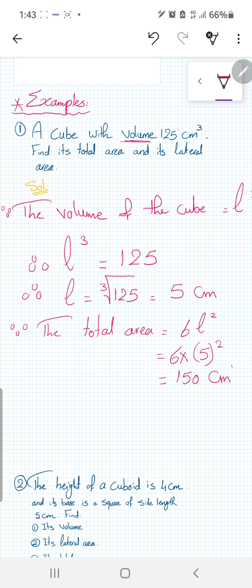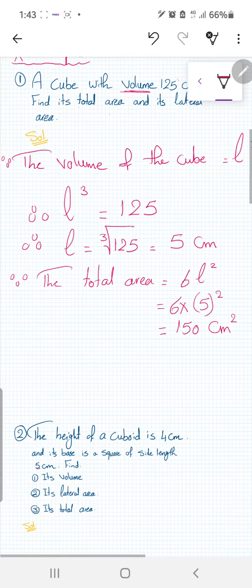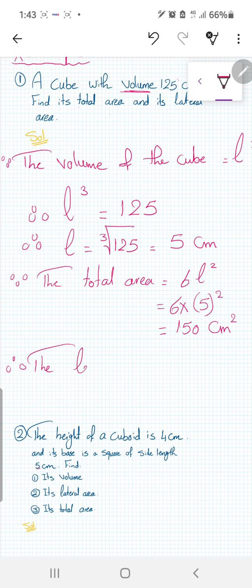Don't forget centimeter squared because we talk about the area. Okay, the lateral area, which is 4 L squared. Also substitution, 4 multiply L which is 5, all squared, which is 100 centimeter squared.